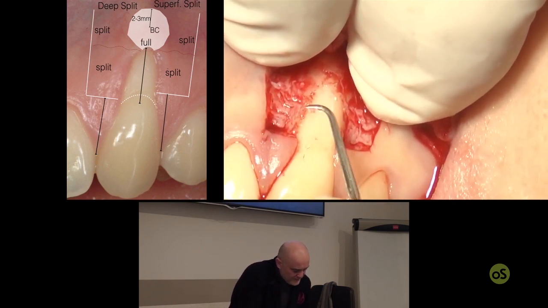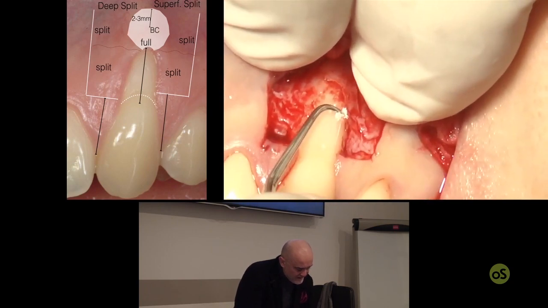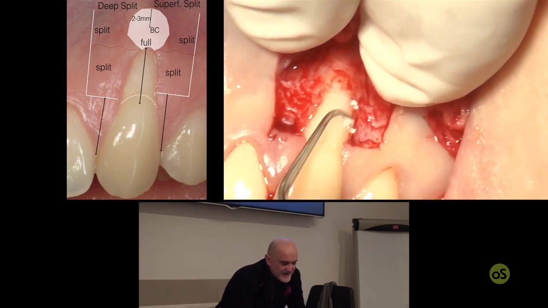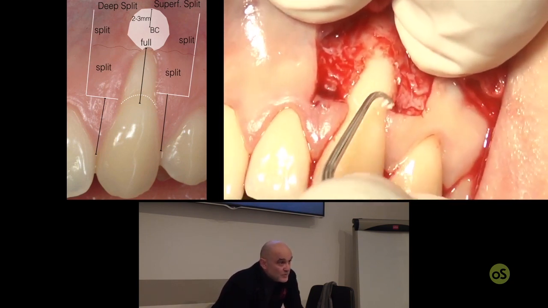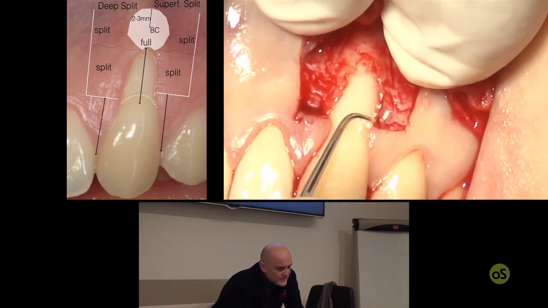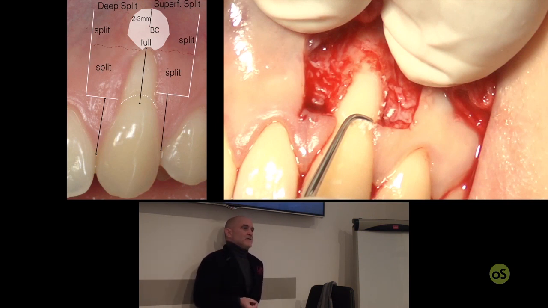What is important from a clinical point of view is that the root that we are preparing is really very, very hard and smooth. And most of the time we recognize that the root is ready from the noise the very sharp curette makes when the root is prepared.